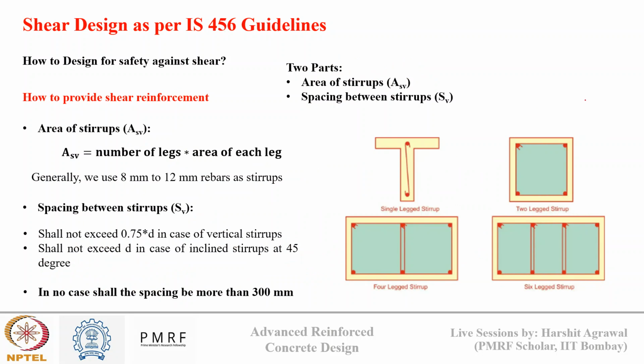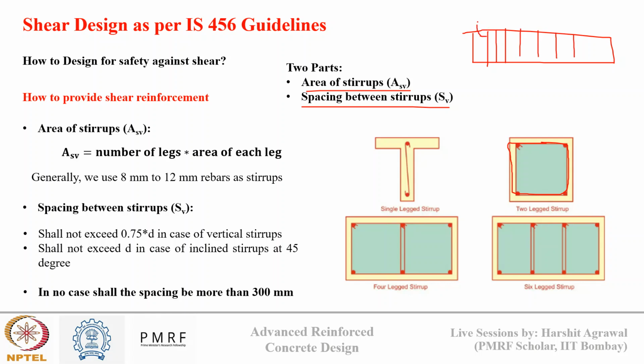Design of stirrups means two things. First is the area: what is the area of stirrups we want, and second, at what spacing we want to place the stirrups. So these are like rectangular cages. If you see this cross section, there will be a cage here, then a cage here, then a cage here along the length of my beam. The area of one cage is Asv, and the distance between two cages we denote by Sv.